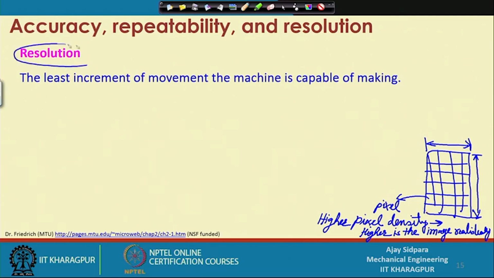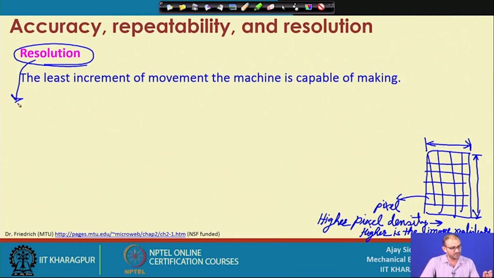How does this resolution play an important role here? Because in a machine tool we know that we want to move a small increment, and if that increment is possible in that machine tool, that means we can say that the resolution is this much. Suppose we have one position here, and from there to here we want to reach.